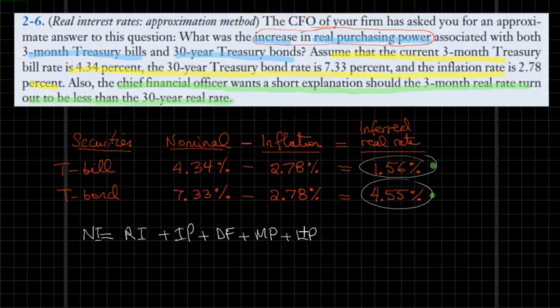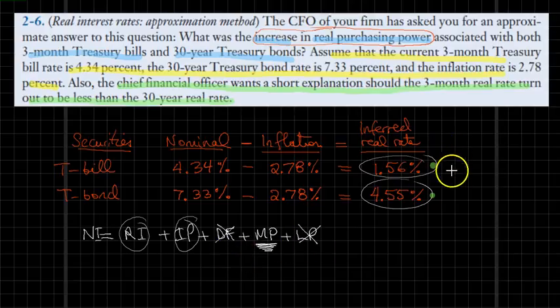For these two securities, obviously the default risk and the liquidity risk premium are 0, and the inflation premium is the same, as is the real risk-free interest rate. The only thing which is different for these two securities is the maturity premium.